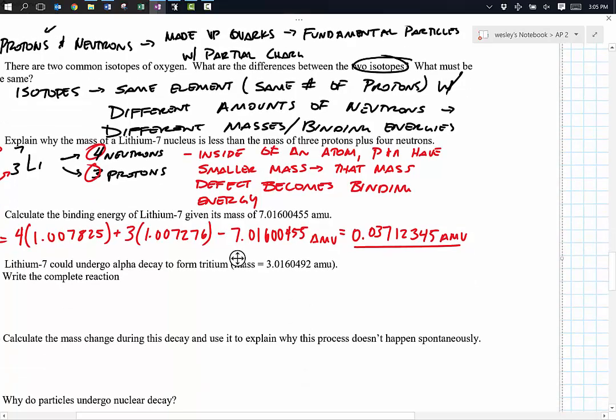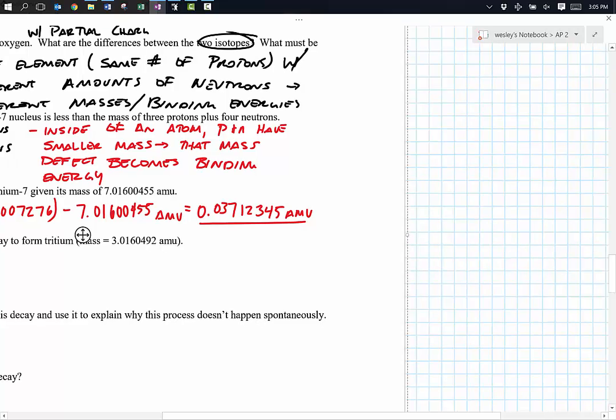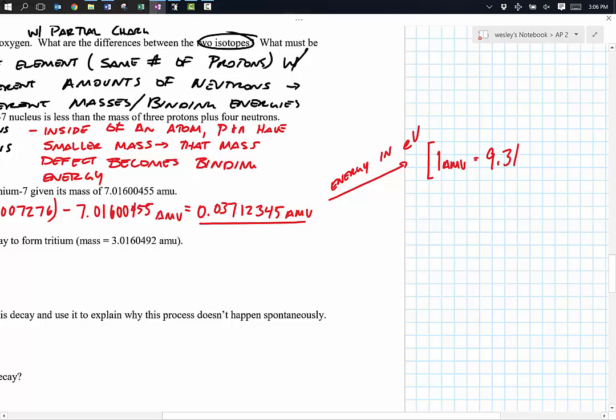What we can do to find the energy, two different things. We can find the energy in electron volts. So our conversion here, and it's on our formula chart, is that 1 AMU is equal to 931 mega electron volts. This might be the easiest one to do.